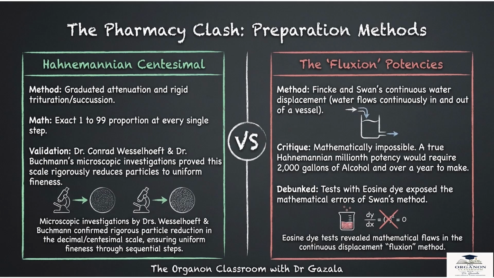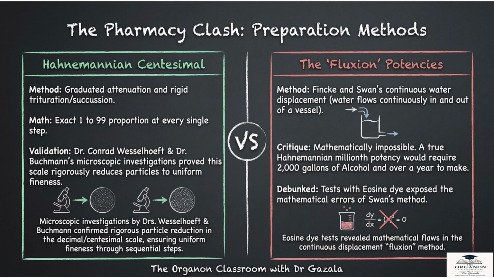Microscopic investigations by these gentlemen confirmed the rigorous particle reduction in the decimal and the centesimal scale. However much we refine it, these sequential steps always stood and passed the test of uniformity. Now come the fluxion potencies, which you can see on the right side.